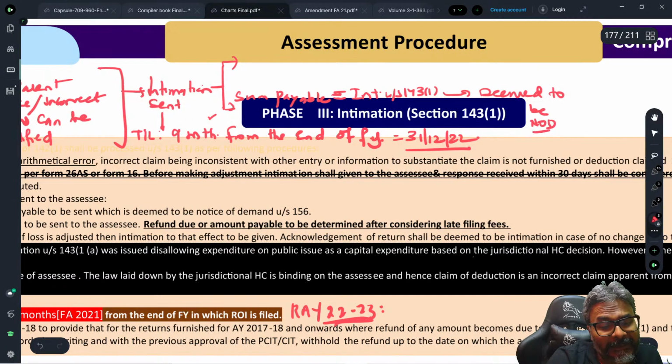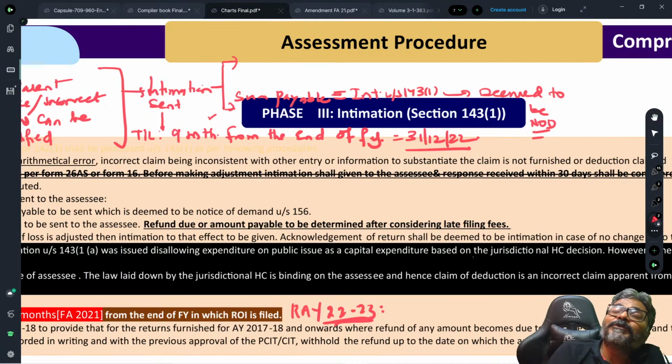What does it imply? It implies that if you have not made the payment within 30 days from the date of service of this intimation, then in that case you will be considered an assessee in default.